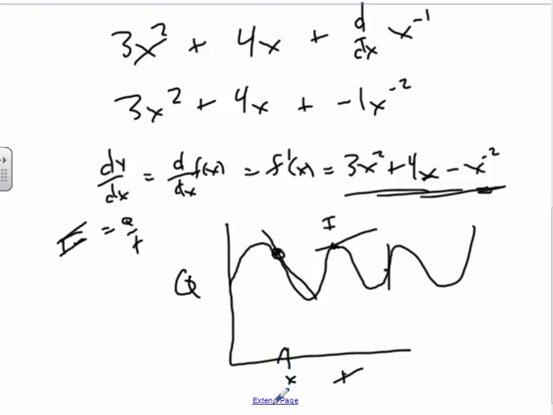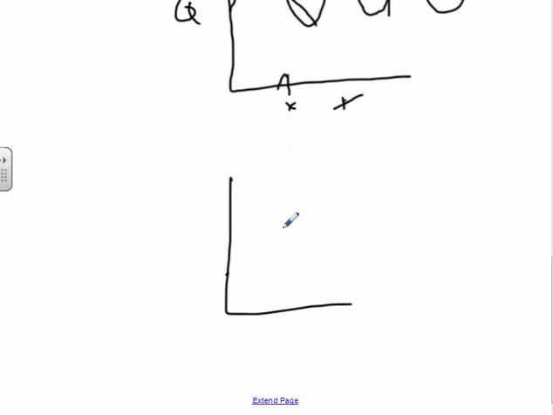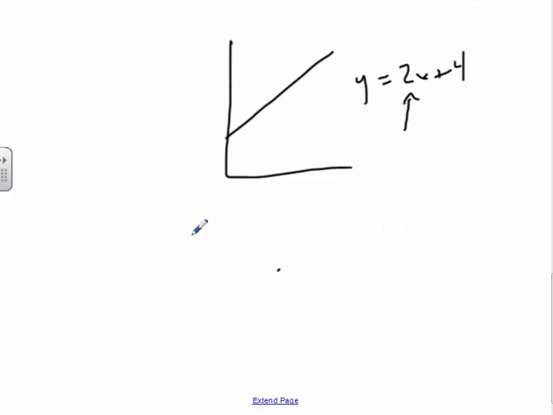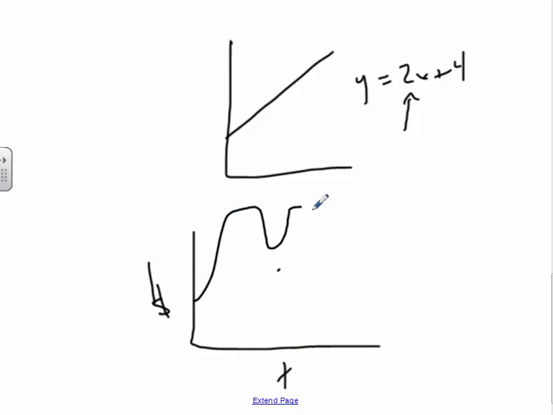If the only things that ever existed were linear graphs, well, then the slope would be really boring, because if this is the equation y equals 2x plus 4, well, the slope's always 2. That's not useful, right? And I mean, how often in life are things constant and uniform? That's not how things work, right? Even the stock market, I've given this example before, it goes up and down and fluctuates.